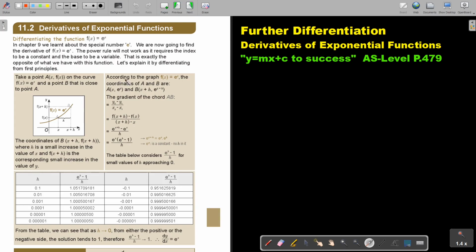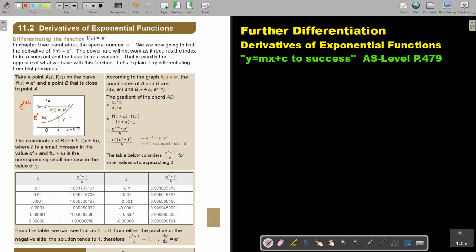Now according to the graph, the coordinates of B are, and I want to write it in because it will make more sense, this is x, but the graph, so this one will be e^x and this one will be e^(x+h). So this is my y values and this is my x values.